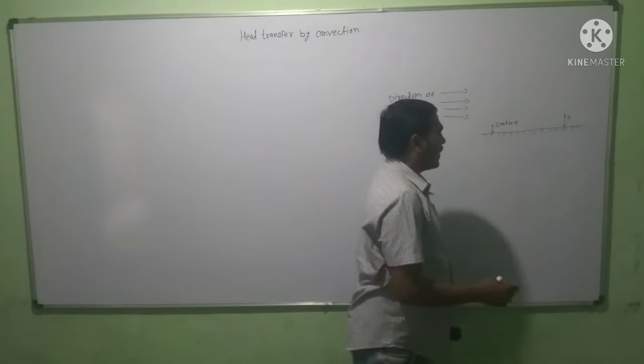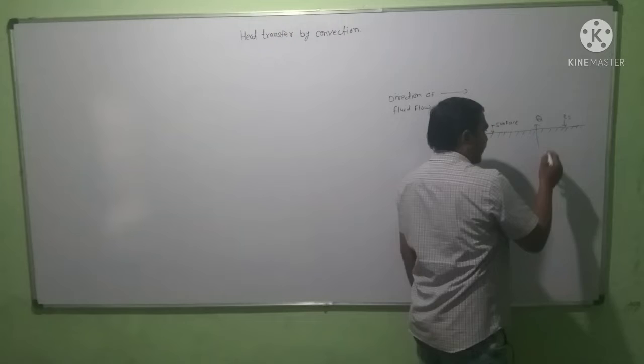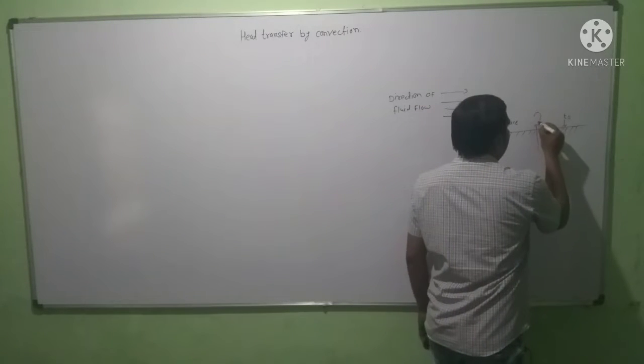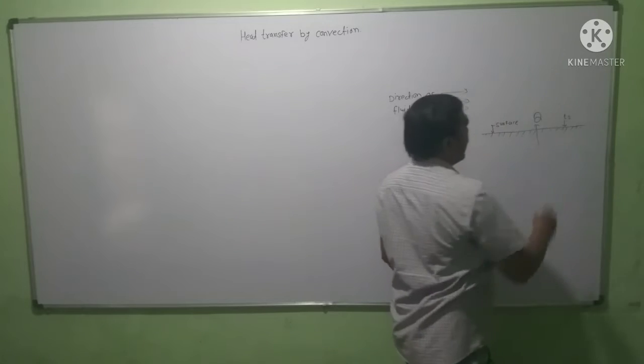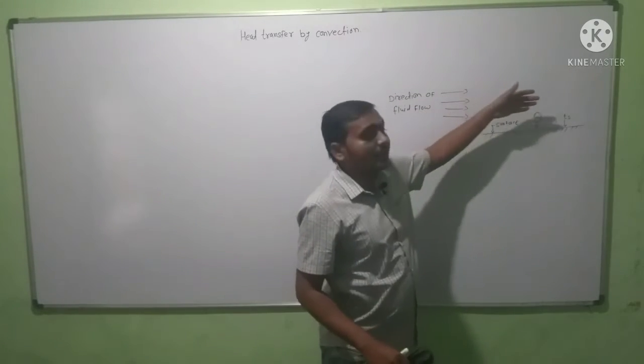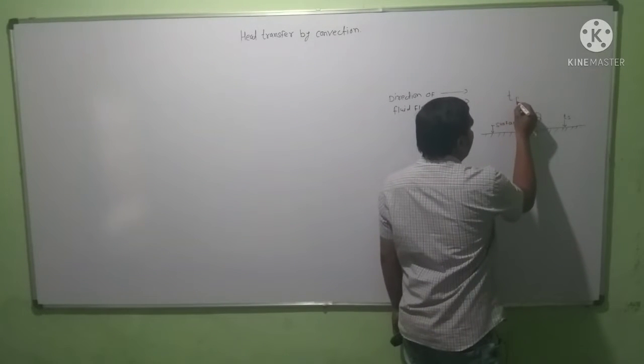Here the rate of heat is flowing in this direction. Your heat Q is flowing in this direction and the fluid, that is air, is flowing in this direction, and here will be the temperature of this fluid.